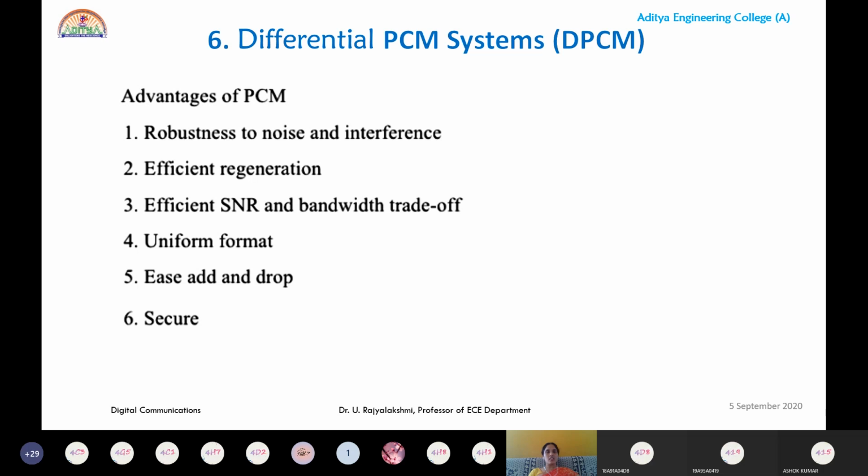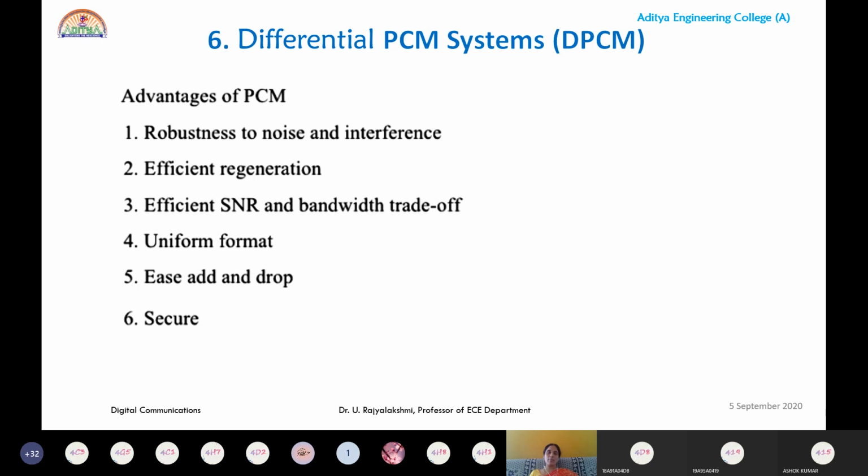Next, the third advantage is that it is efficient. It is highly efficient in providing a trade-off between SNR and bandwidth. This PCM uses high bandwidth because it transmits all the bits present in the sample. If there are n bits per sample, PCM will transmit all n bits for a particular sample.